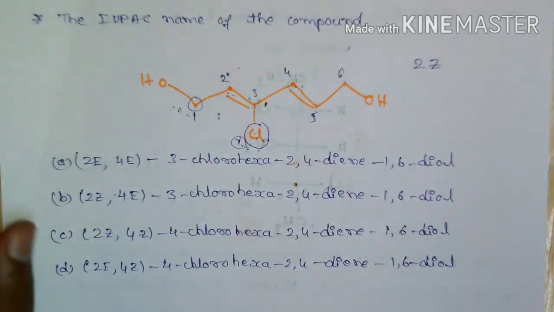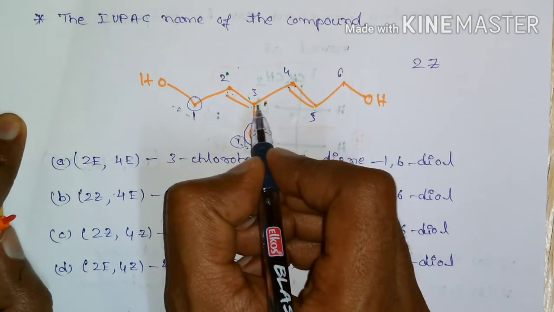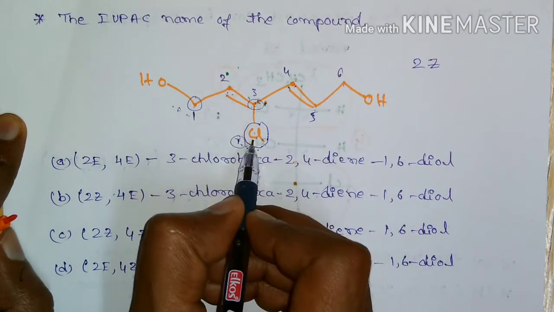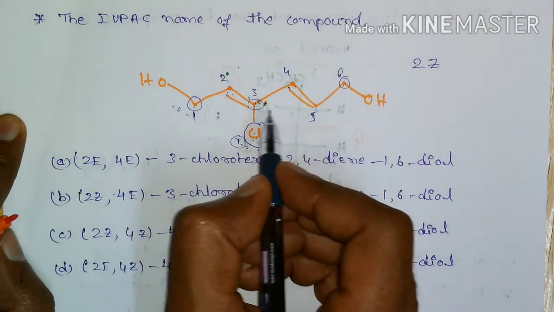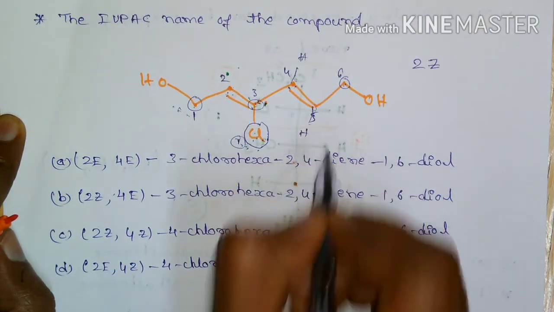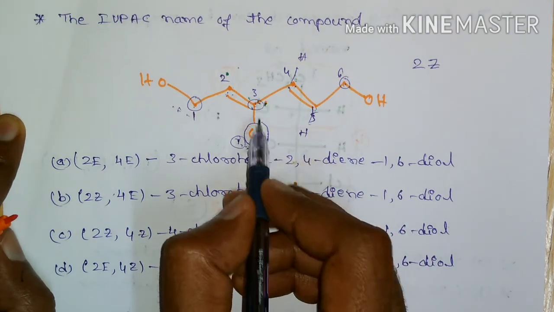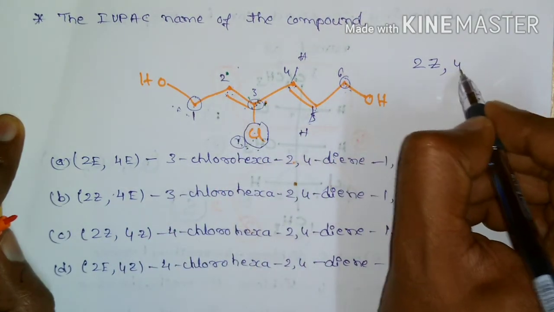And if you come to this fourth, here it is CHCl and here it is CH2. The remaining two groups are hydrogens. So these two higher priority groups are on the opposite side, so 4E.